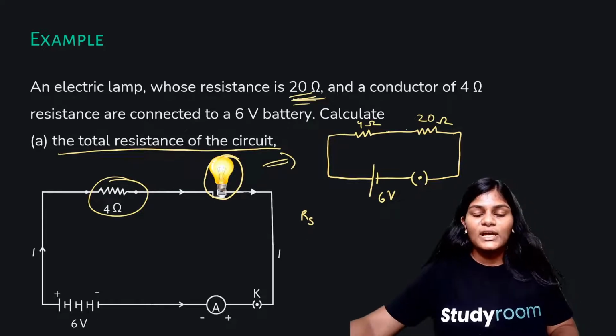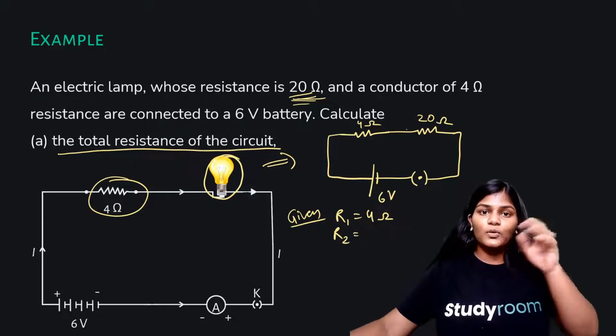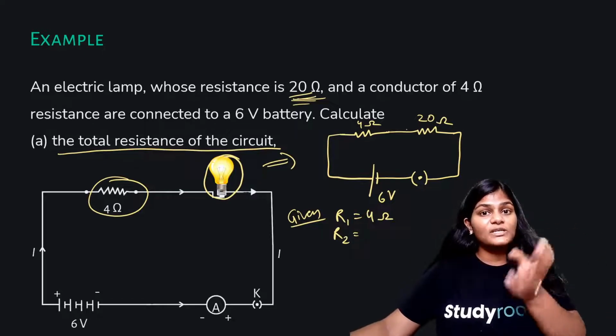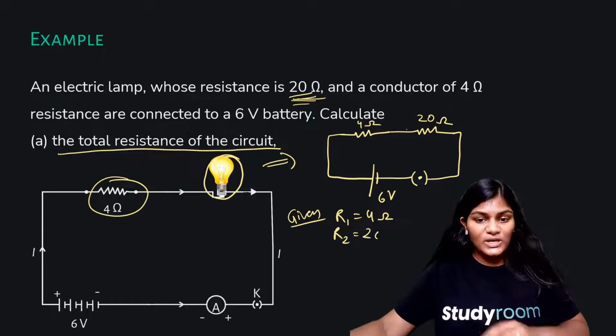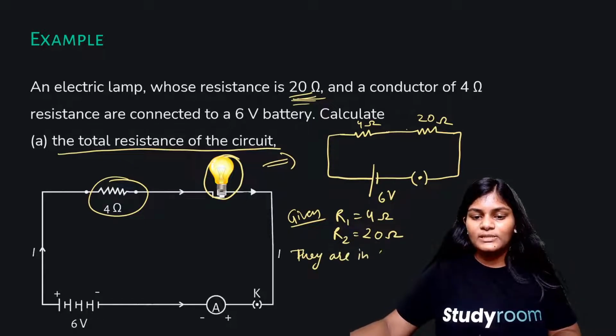So first we write the given things. Given: R1 is equal to 4 ohm. R2, you can write the whole sentences: first, given resistor 4 ohms; electric lamp, resistance of electric lamp is equal to 20 ohm. And then you write they are connected in series.